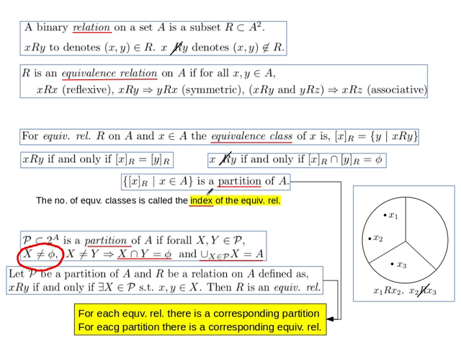Now for a general set and a general equivalence relation, this index can be finite or infinite.